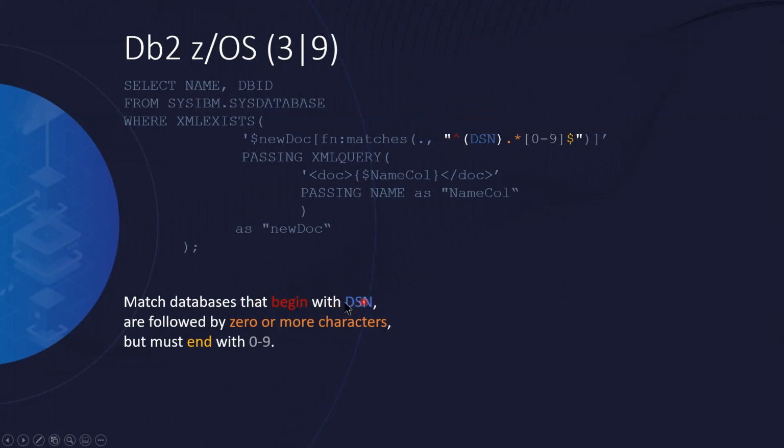I'm beginning with DSN, the characters DSN. So this is my group, DSN, followed by 0 or more characters. So here's the star meaning 0 or more, and dot means a character. But it must end, yellow, so here's my dollar, with a 0 to 9. So here's my 0 to 9 clause.